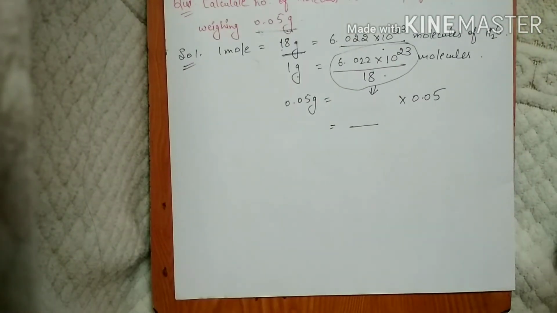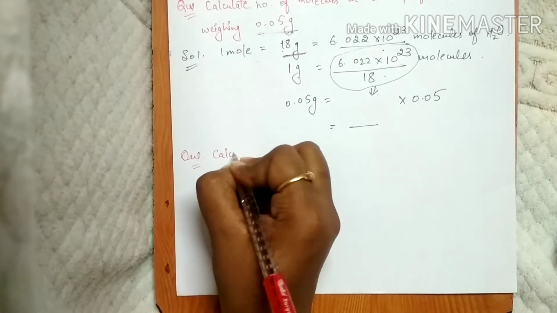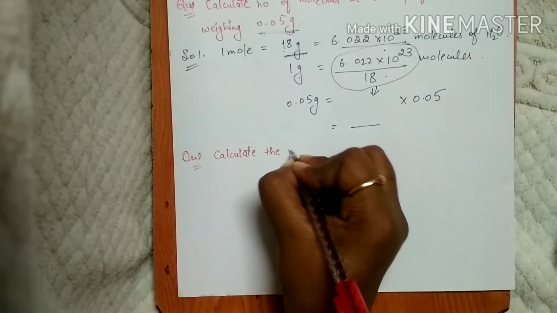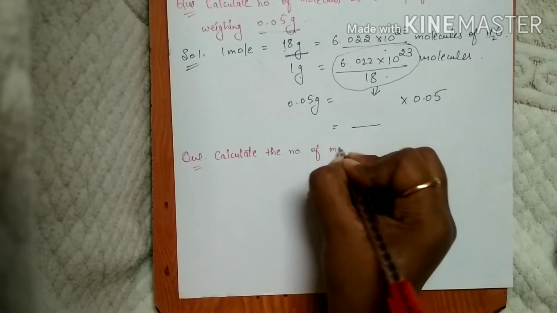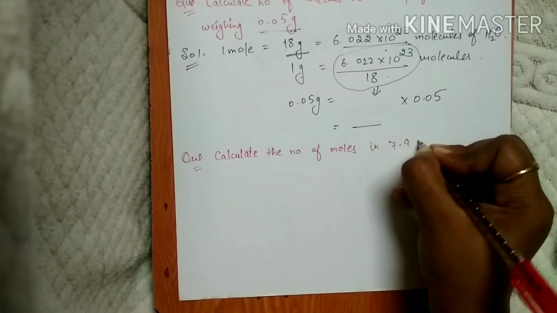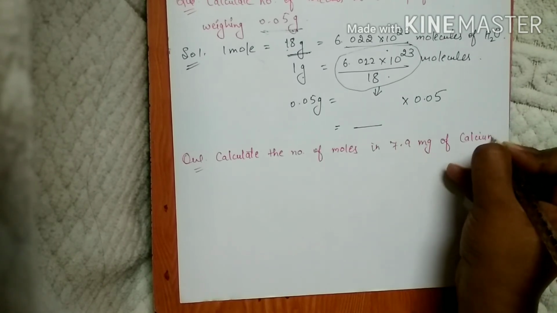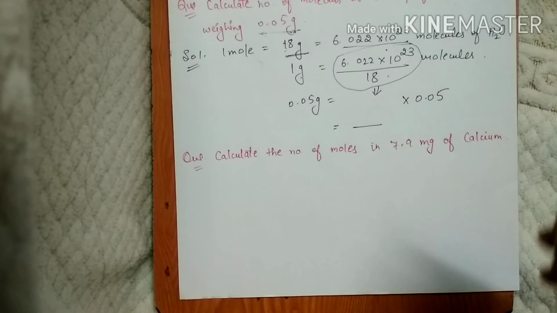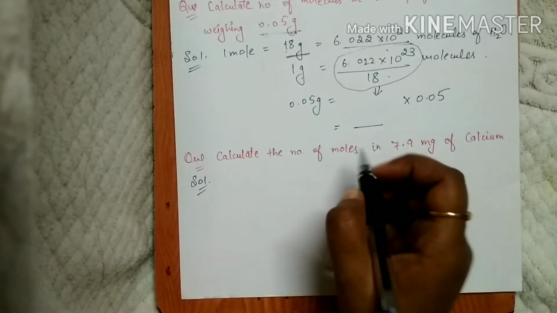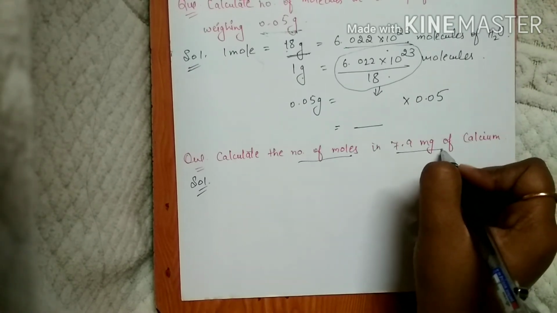Okay, now the last question. Calculate the number of moles in 7.9 milligram of calcium. So now I'm writing directly. I need a relation between number of moles and the weight.